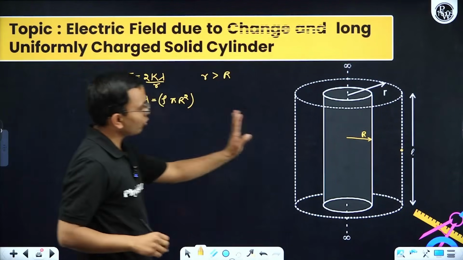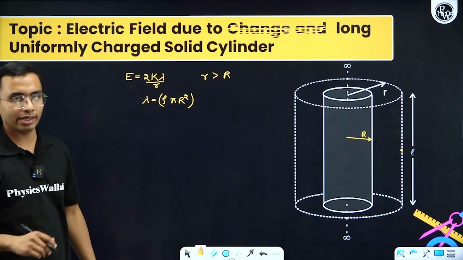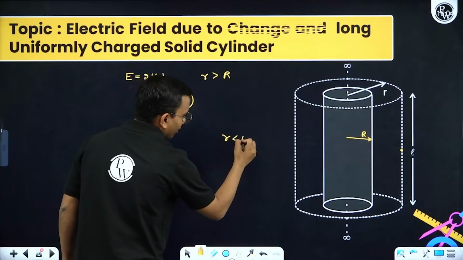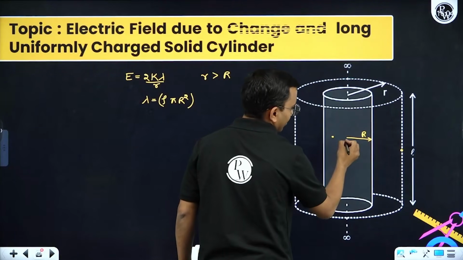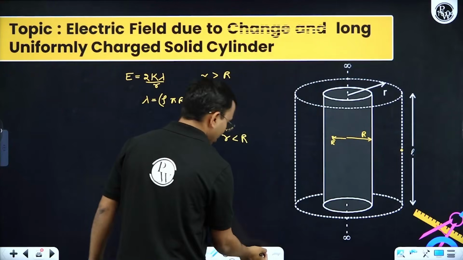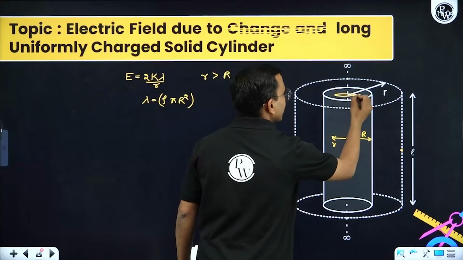So for outside it will just behave like a wire that is placed along its axis. For inside, any point, let us take, you are taking somewhere here, at a small distance r, I'll say small r it is. I'll draw a Gaussian surface.